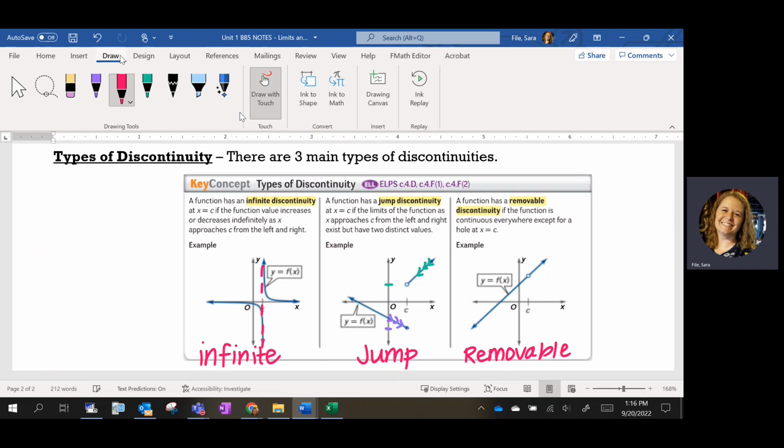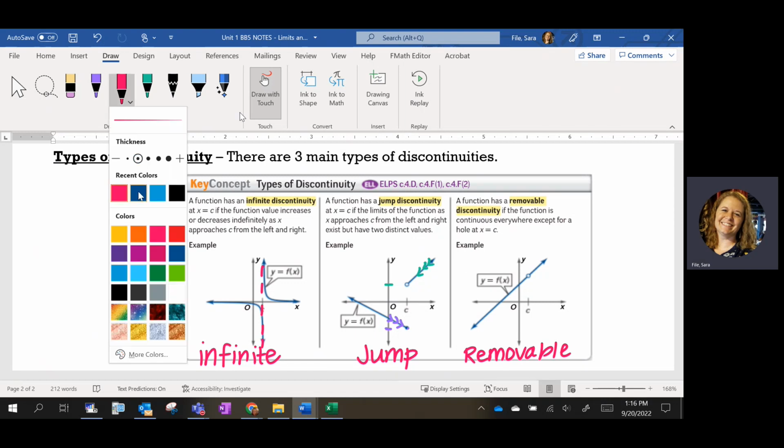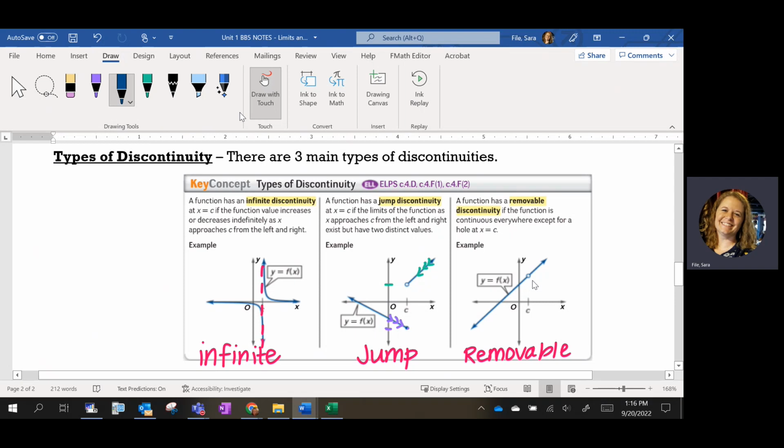Now, sometimes you'll see it written or drawn on some graphs where there will be a hole and then there will be a point somewhere else, like that. It's like that value was just moved down here to this y value instead of being up here for some reason. Okay, that's still removable, even though the point is showing elsewhere. Okay, there's still a hole in the curve or the line up here.